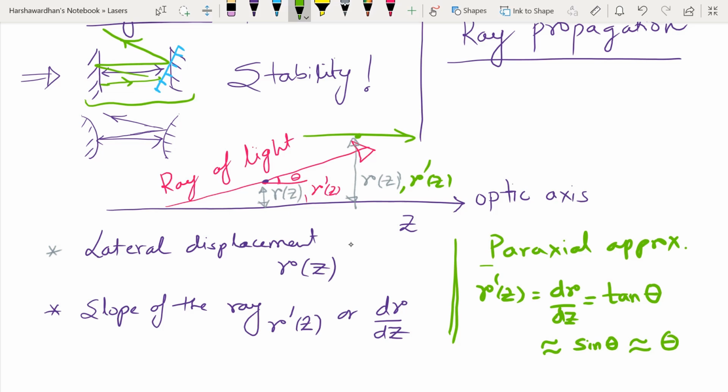So in the paraxial approximation, I'm going to deal with this small angle approximation.